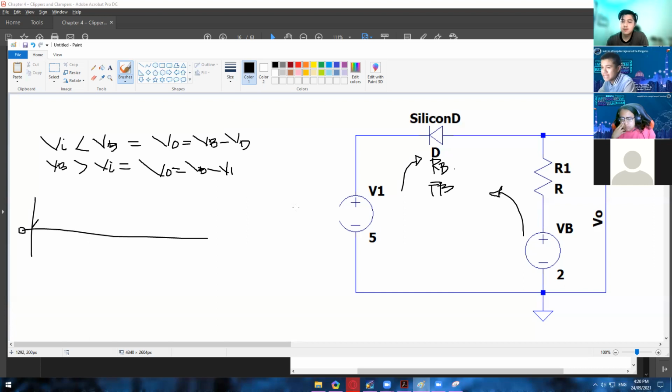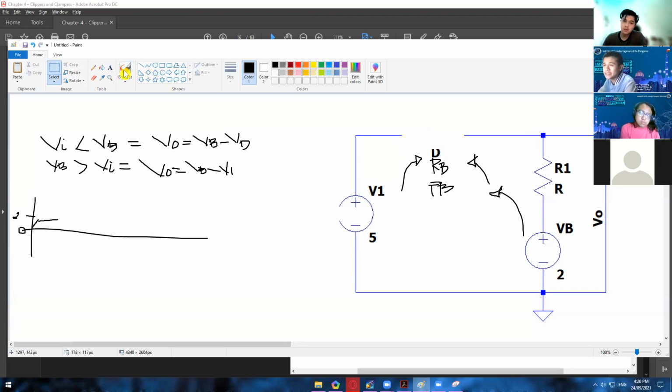Okay. So at exactly 2 volts, the forward bias stops, wherein we have a complete flow of current of 2 volts. And it becomes reverse bias when, let's say, our VI becomes 2.1. So let's say 2.1 or exactly 2 volts. At that point, since it became reverse bias, it becomes an open circuit.